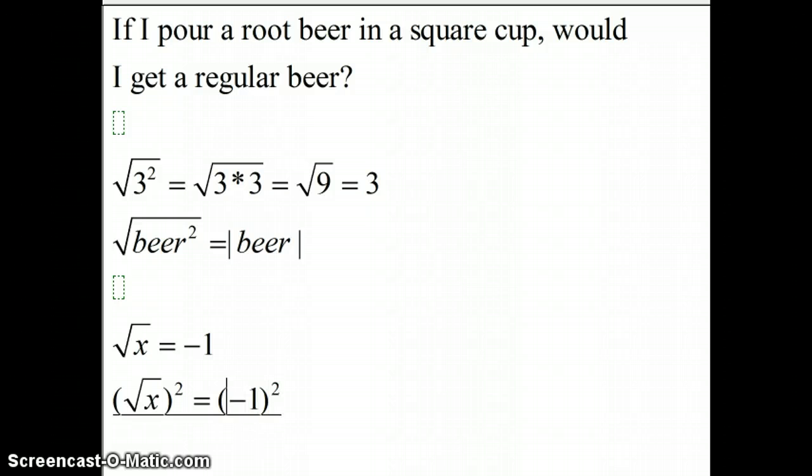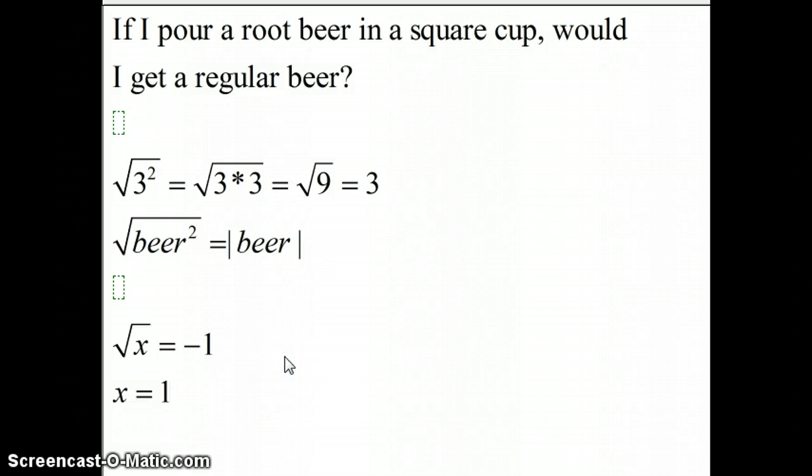The square and the root cancel each other. This leaves me with just an x on the left side of the equation. On the right side, that's the same thing as -1 times -1. Well, I've already said that a negative times a negative is a positive, which means this ends up being 1. So, in theory, I've found the answer. Whatever this was to begin with, I've now found it to be 1.